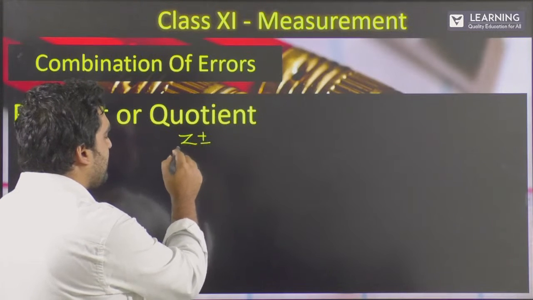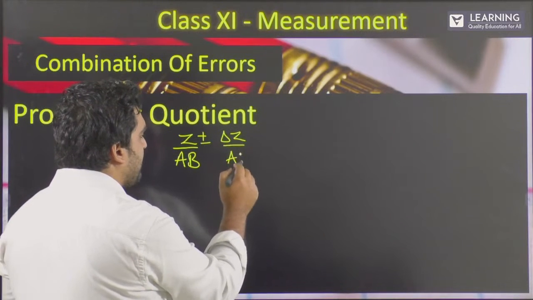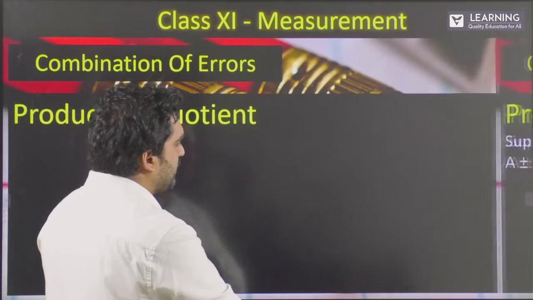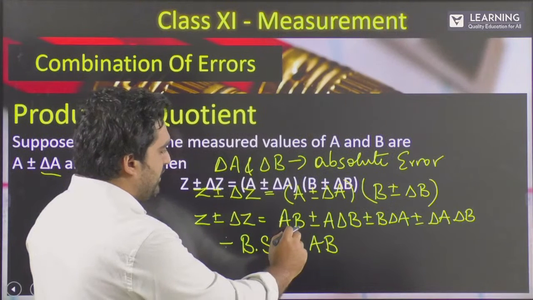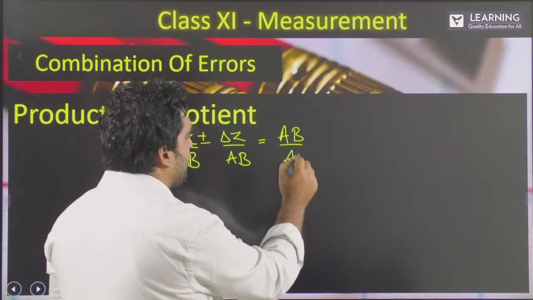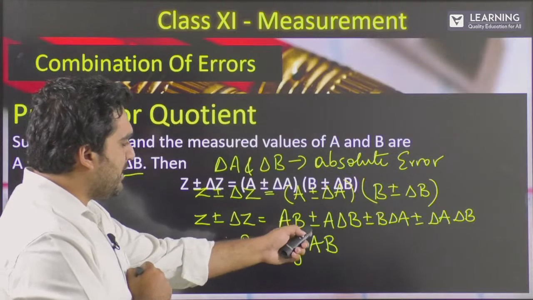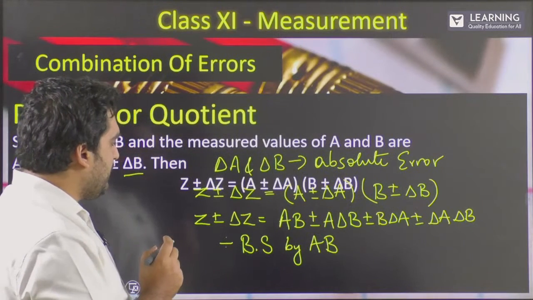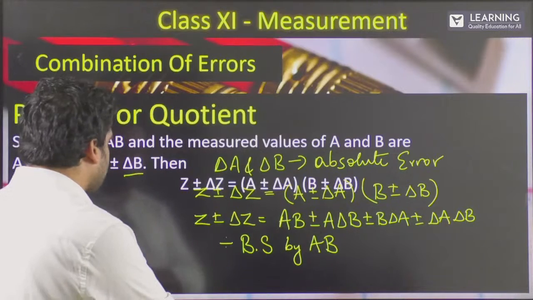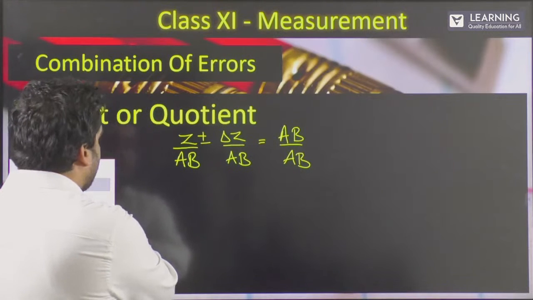Z plus or minus delta Z divided by AB. I need to keep going back and forth to have a look at the values, so let me first write this down on the next page and then I will divide it, because it is difficult for me to refer.